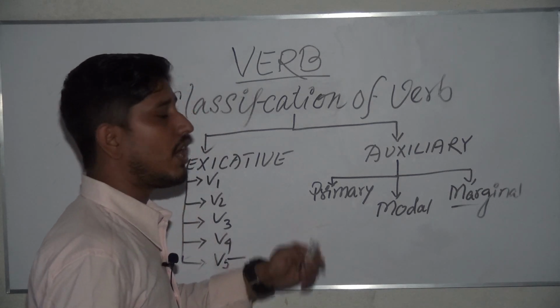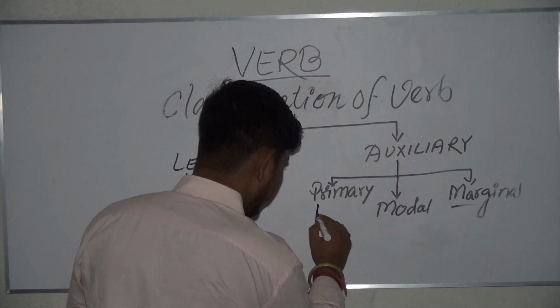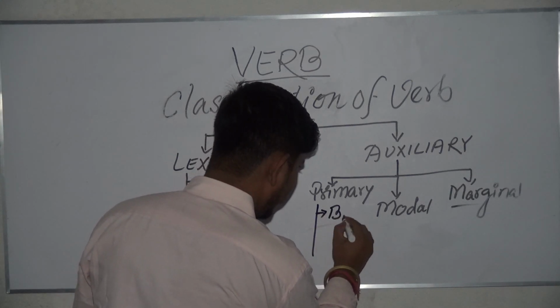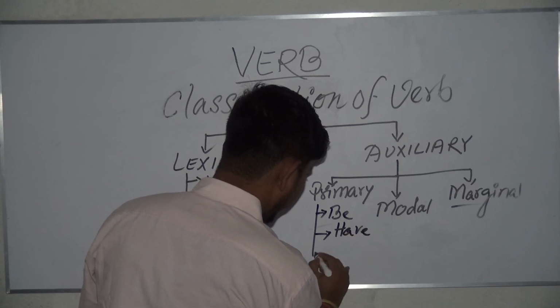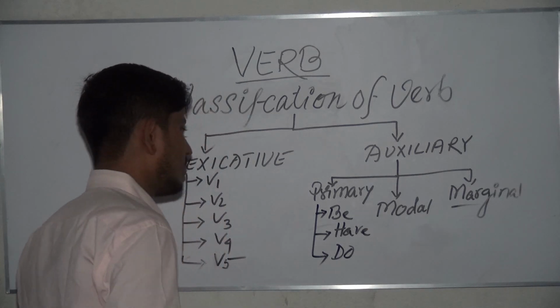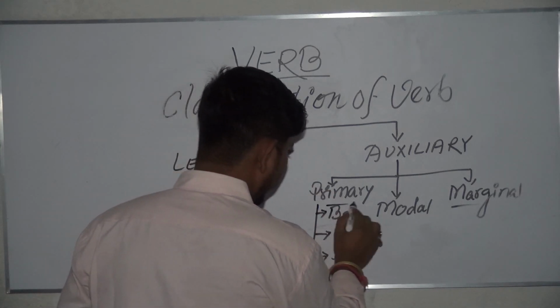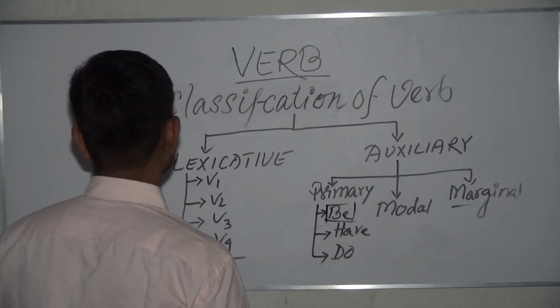Primary auxiliary further subdivided into 3 parts: be verb, have verb and do verb. Yes. Now let's see the examples of be verb.